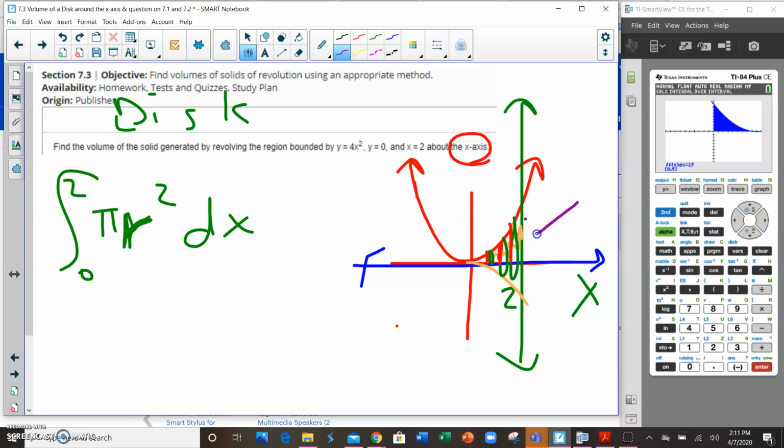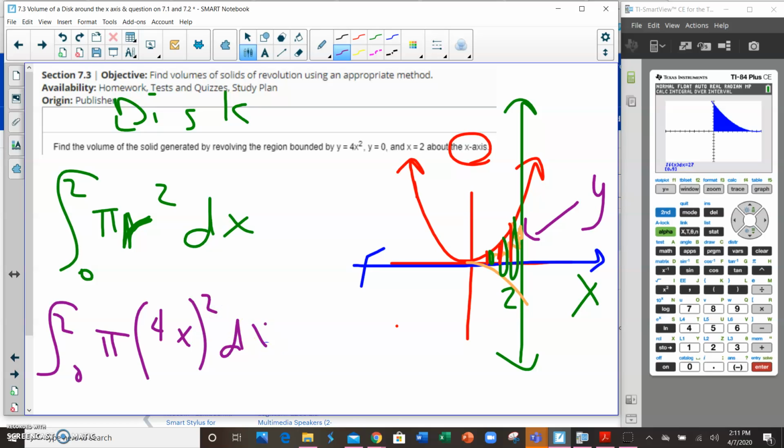That height is simply your y value, because that's how tall that is from the x-axis up to the top. So we are going to integrate from 0 to 2 pi times your radius, which is 4x squared dx. So once again, you can pull the pi out, put the rest in your graphing calculator, or you can integrate it by hand.